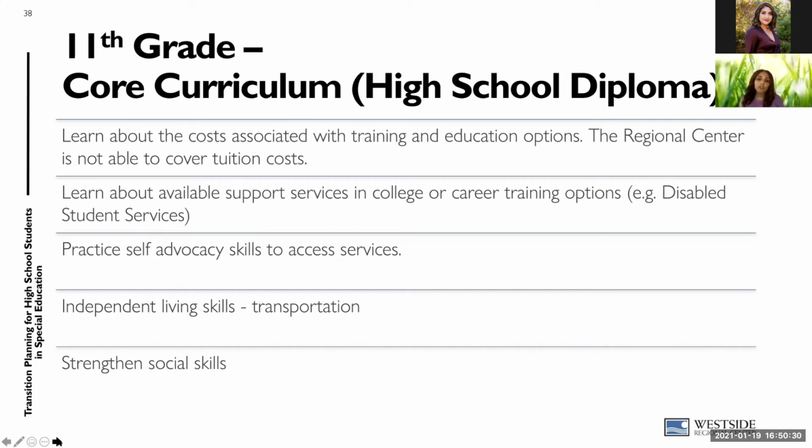So those conversations should be taking place with the student. Counselors can get involved. Maybe you should be able to invite the school counselor to the IEP meeting to discuss these things.